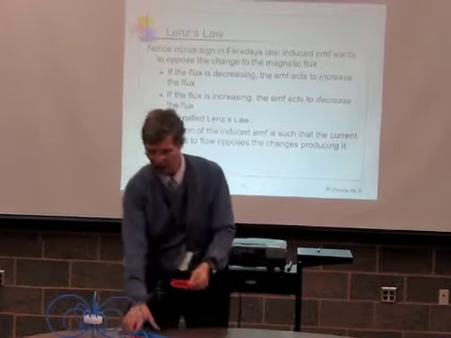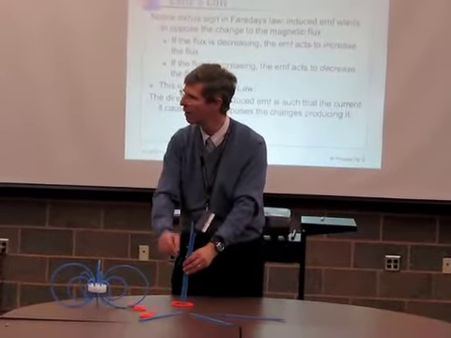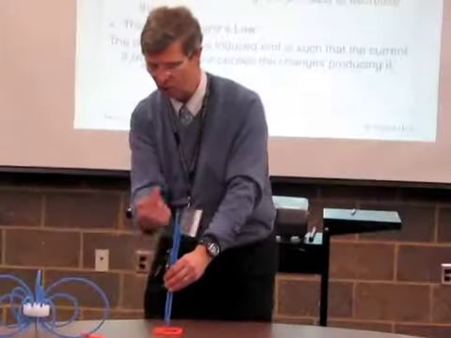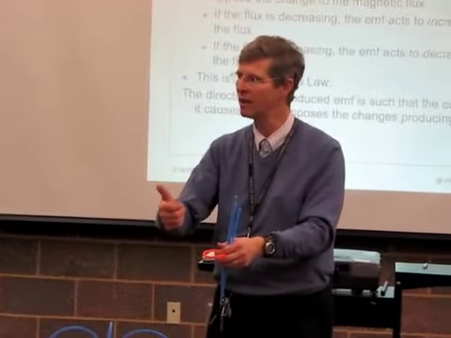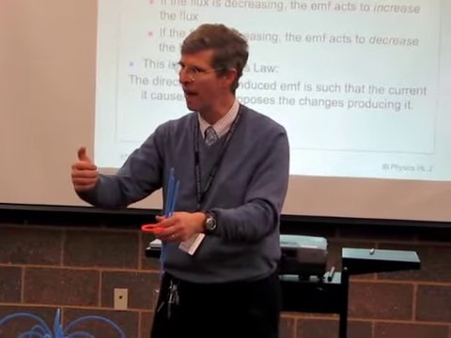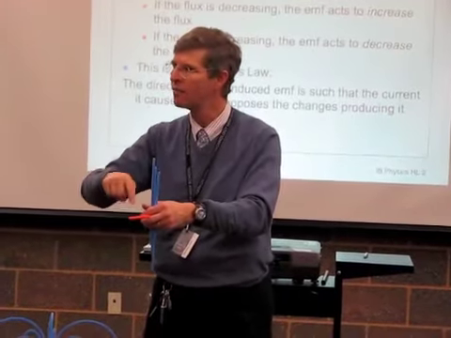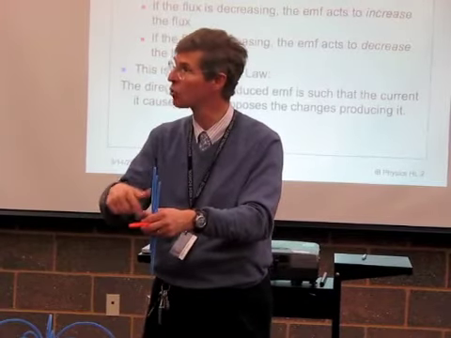So for instance, in that example where I'm taking flux lines out, the flux is getting less. Let's say the lines are going north, and the field strength is decreasing, getting less and less going up. The field around this loop will then act to try and make that field stronger.